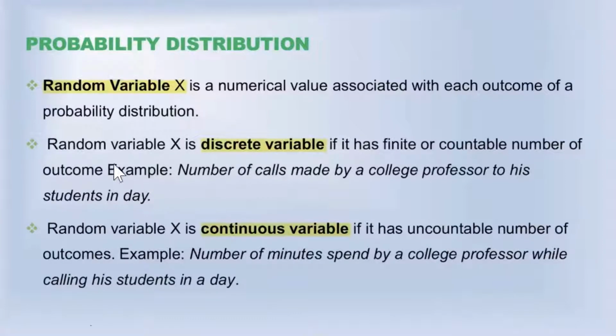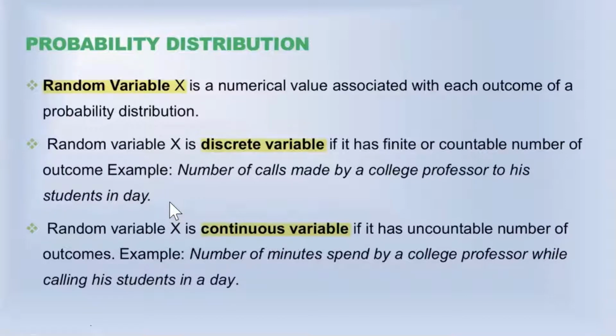A random variable X is discrete if it has a finite or countable number of outcomes. So when you look at the outcomes of the experiment, and if they are countable, we say it is a discrete variable. For example, the number of calls made by a college professor to his students in a day.